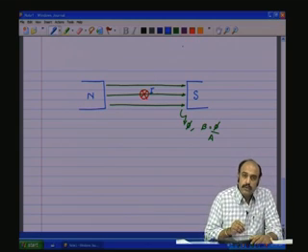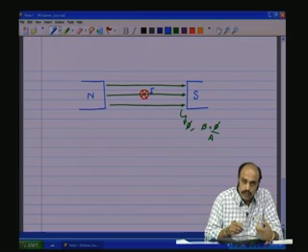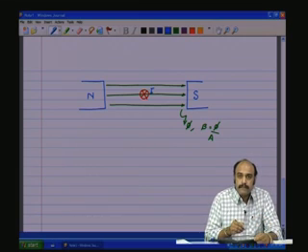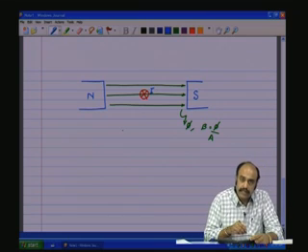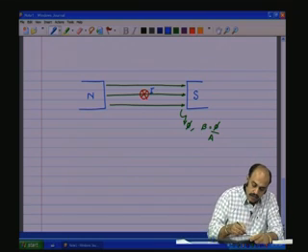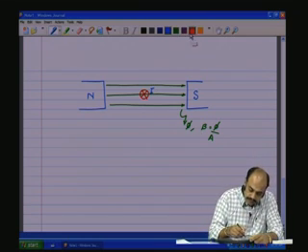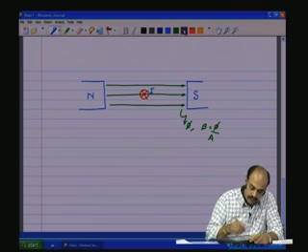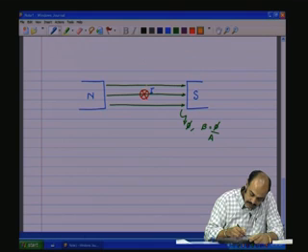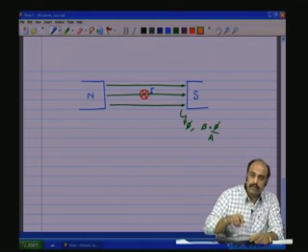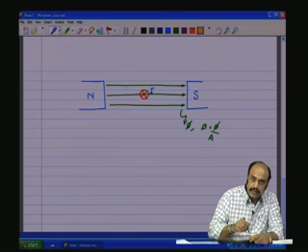Now we saw that when there is a current flowing through the conductor, by the right hand rule there is going to be a magnetic field set up around the conductor. So that magnetic field is, as it is going in by the right hand rule, if it goes in, then the fingers will encircle in a clockwise direction.